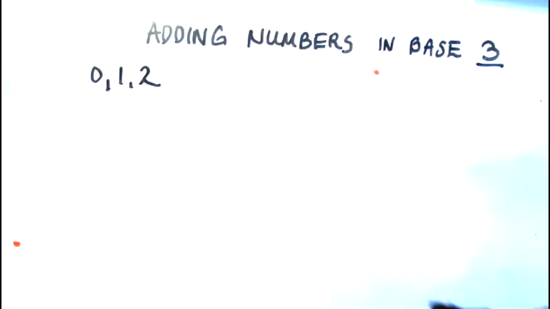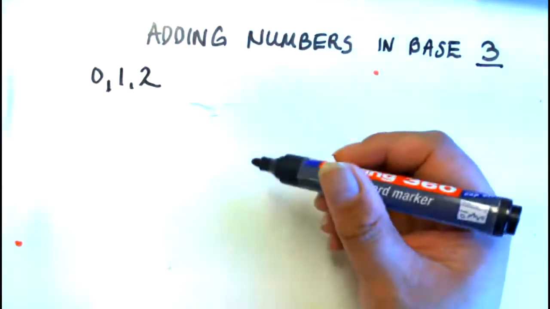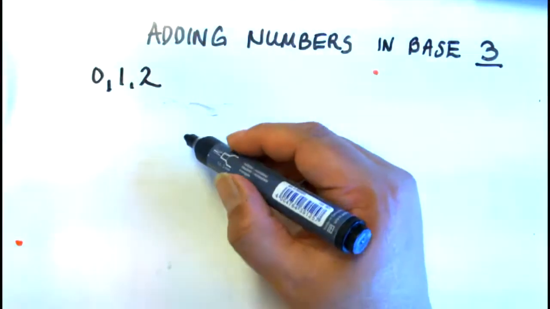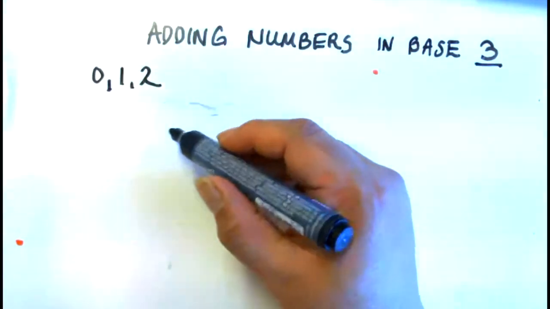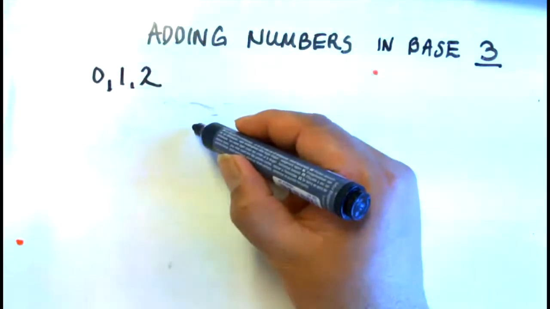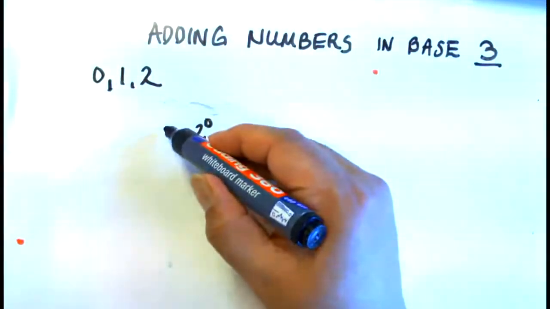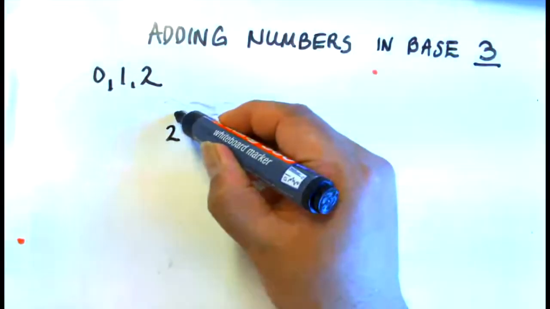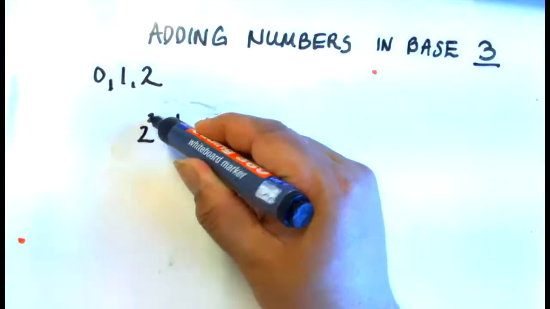So here we're going to determine the place value in terms of exponents, because we've already done this in the past. The place value in each place would be 3 raised to the power of 0, 3 raised to the power of 1, and 3 raised to the power of 2.